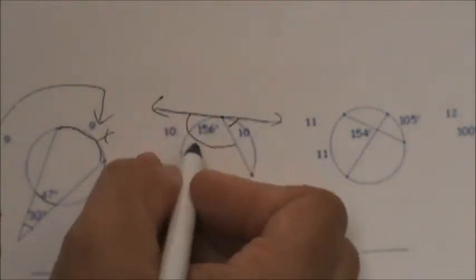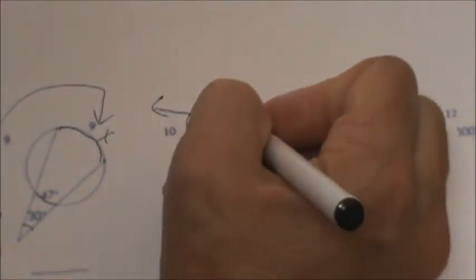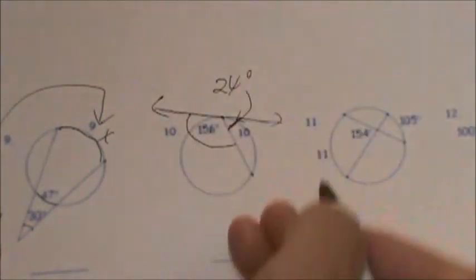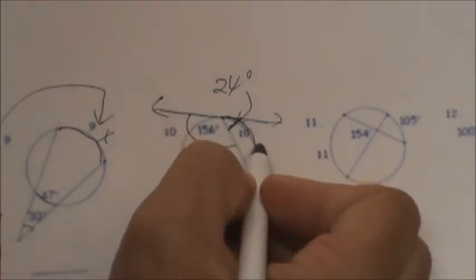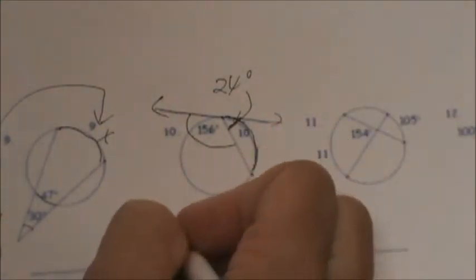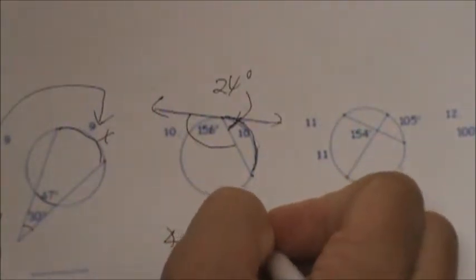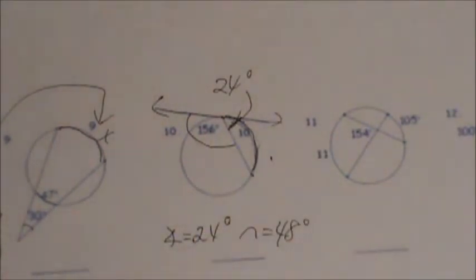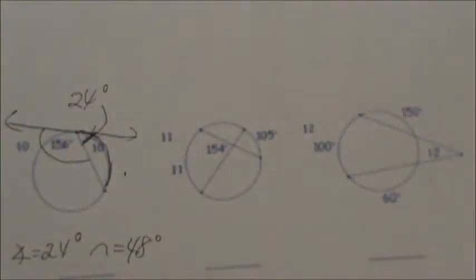So if we subtract 156 from it, that leaves us with 24. So that means this angle over here is 24 degrees. But the arc, we would take that and double it, would be 48. Because you just multiply by 2 for an inscribed angle, and that's the trickiest, the tangents.